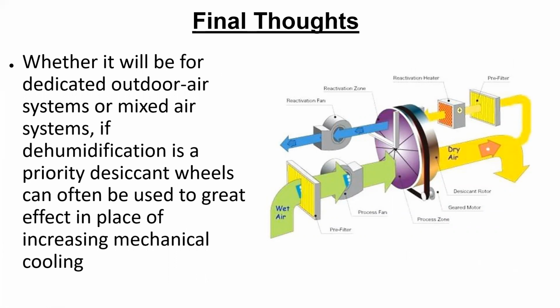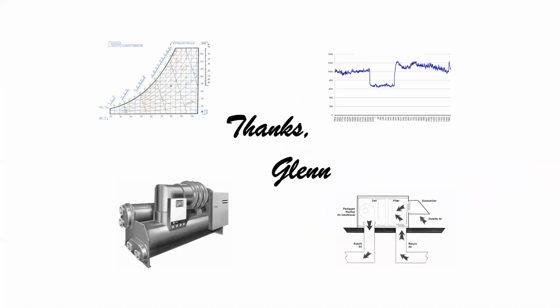If dehumidification is important, desiccant wheels can often be used to great effect in place of increasing mechanical cooling. So those are extremely useful if the moisture content is high for the air conditioning condition.